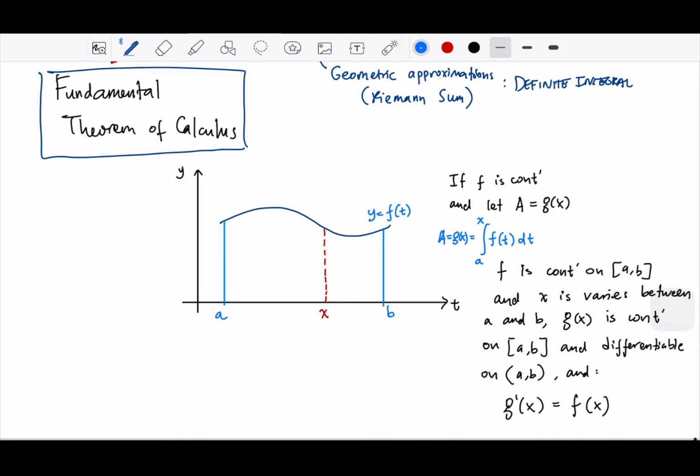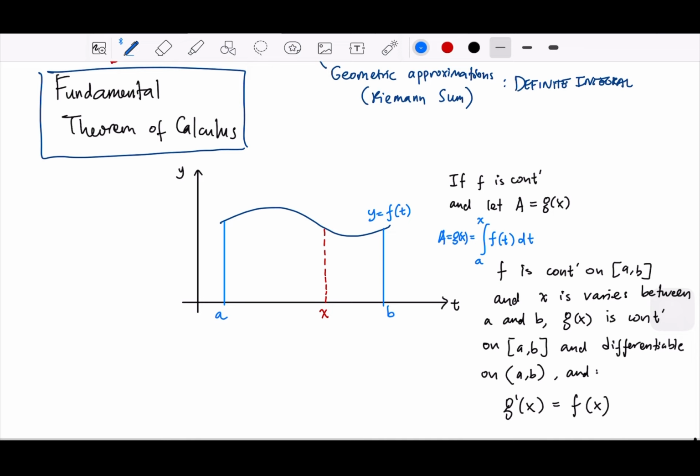So we could put x at every point between a and b. So we could take this area under the curve as another function, let's say a function g.